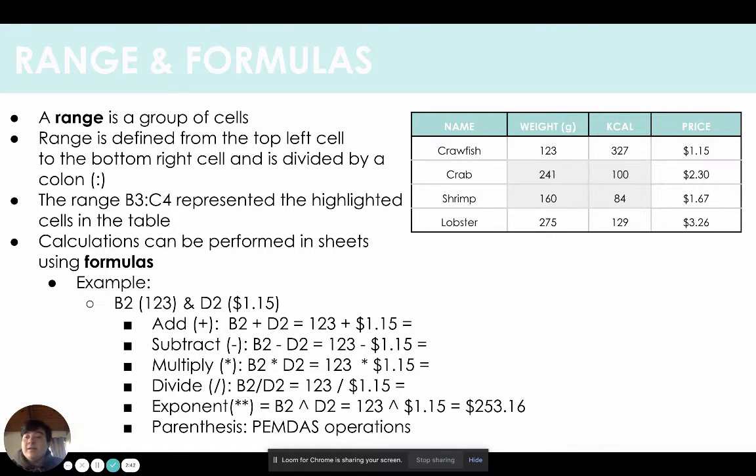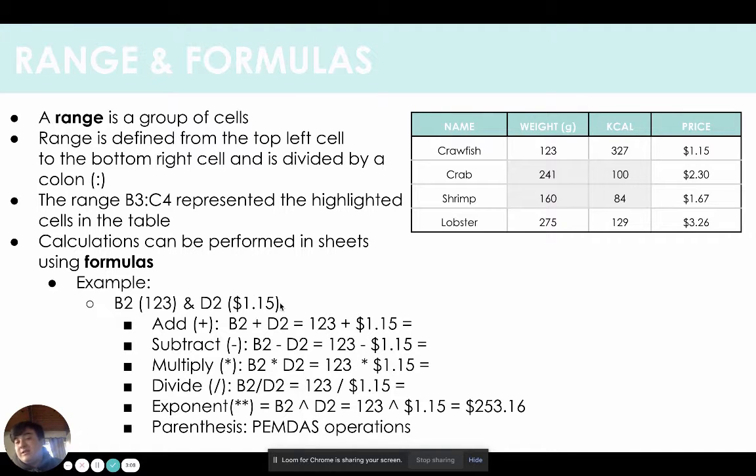Going off of this, we also have calculations that can be performed in Google Sheets or Excel using formulas. This is essentially similar to what you would have in a calculator. Say we wanted to make a formula with B2, which is 123, and D2, which is 115. We could use different mathematical operators such as plus, subtract, multiply, divide, exponent, and PEMDAS.